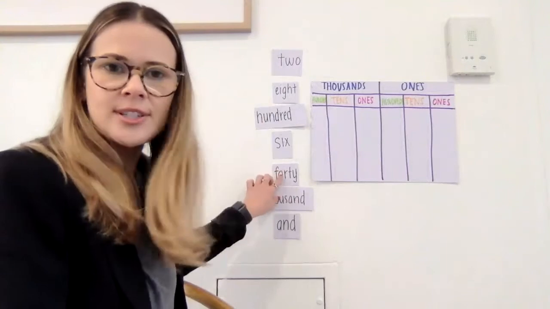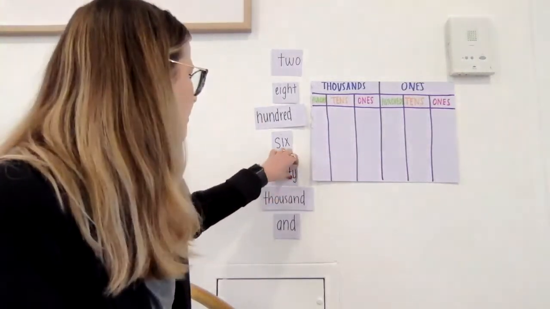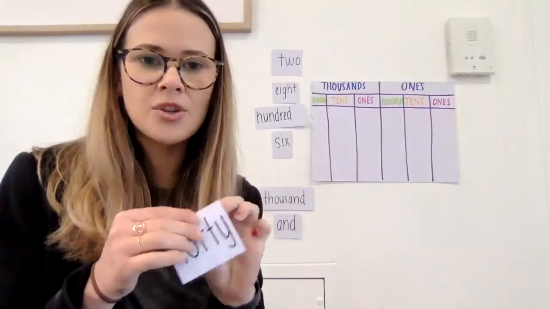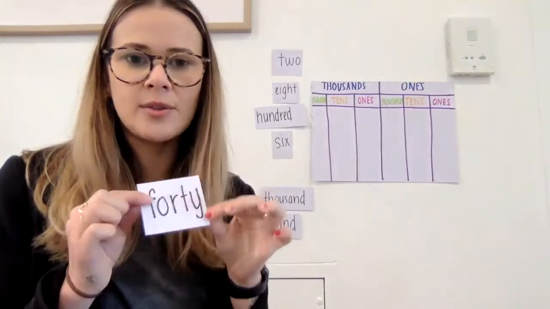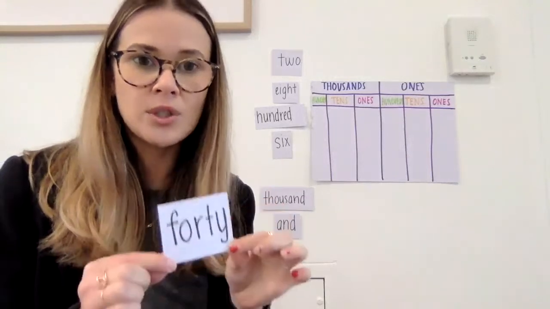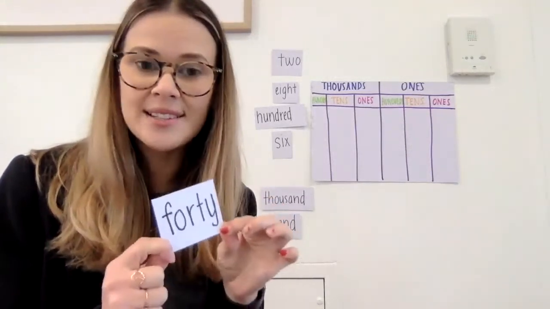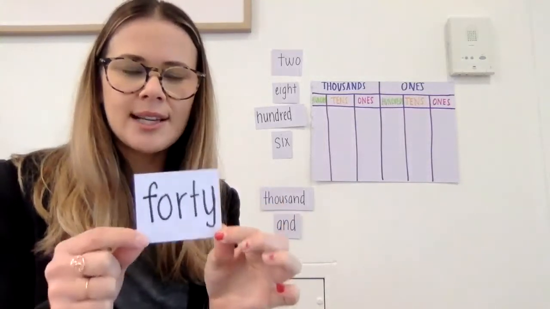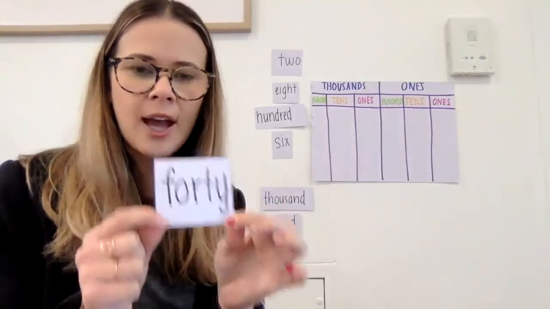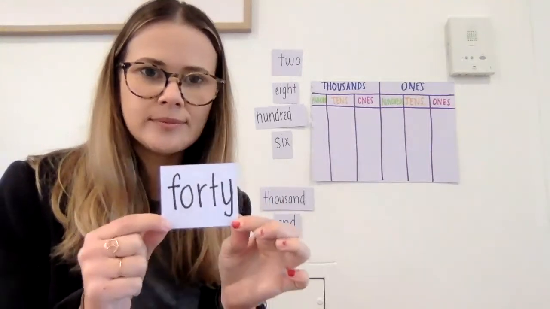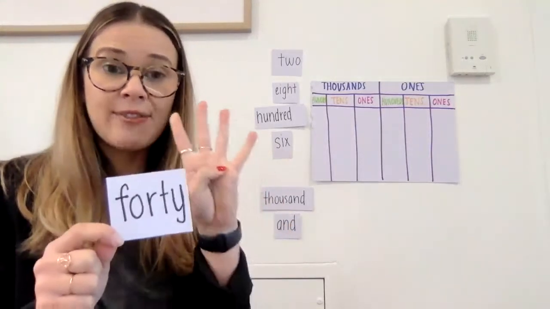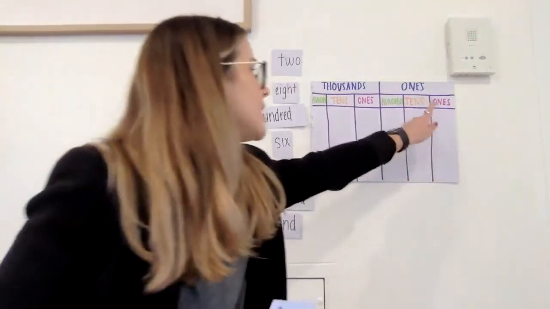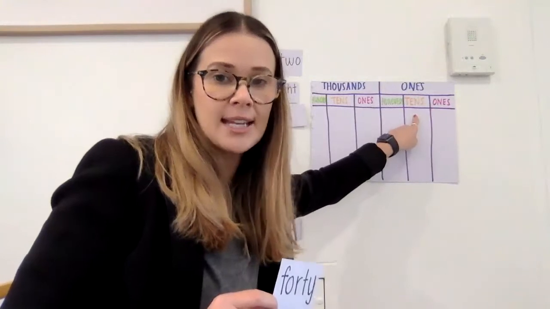Now, 40 is an interesting number, because when we had a look at this, we know that the value of 40, if I asked you how many ones is in 40, you would tell me there is 40 ones in 40. If I asked how many tens is in 40? Hopefully you said 4, because we know that when we're using our concrete items, if we have 10 ones, it becomes a 10.